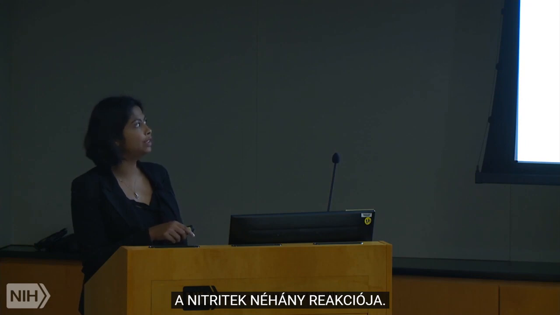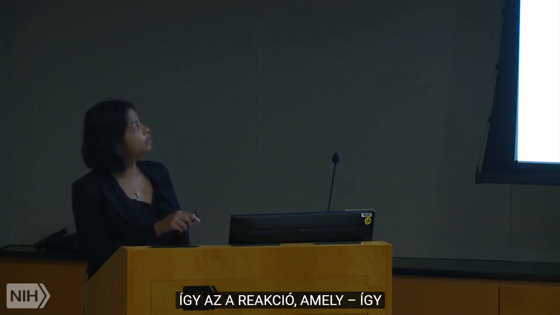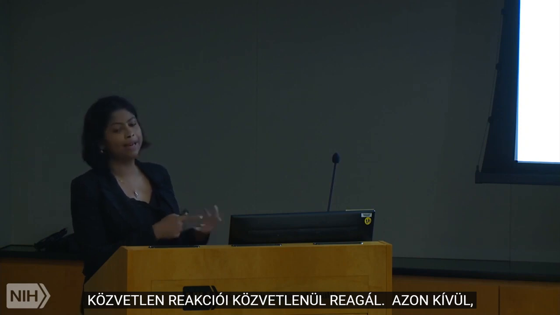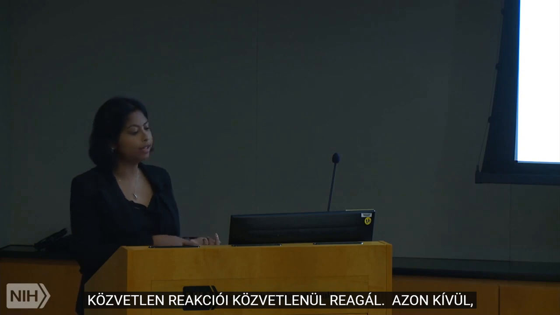These are some of the direct reactions where nitric oxide reacts directly with mainly metal centers or with free radical molecules. NO has an unpaired electron, so reactions with metals and free radicals are the most important reactions.